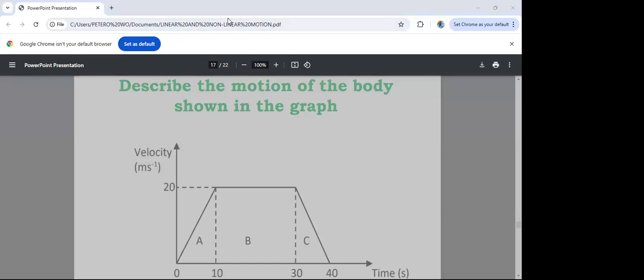So it accelerates uniformly to 20 meters per second for 10 seconds. Is it right? You finish so that we correct at once.